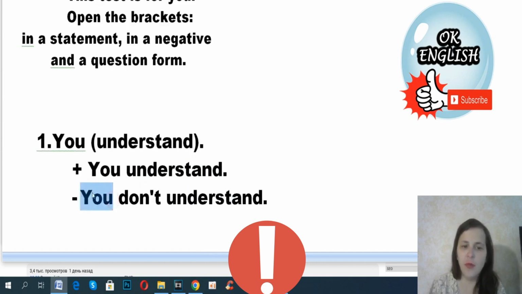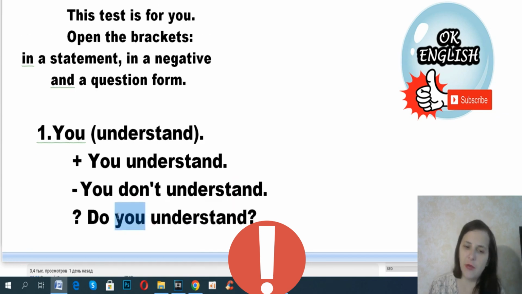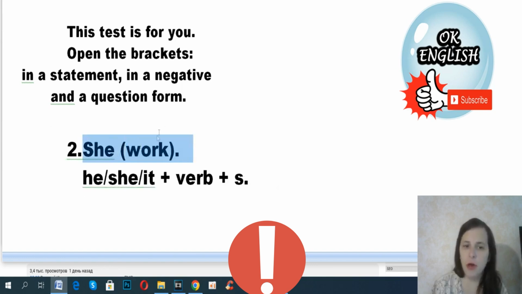If you have I, we, you, they plus don't plus verb, it's a negative form. You don't understand. If you have I, we, you, they, do at the beginning of the sentence. Do you understand?